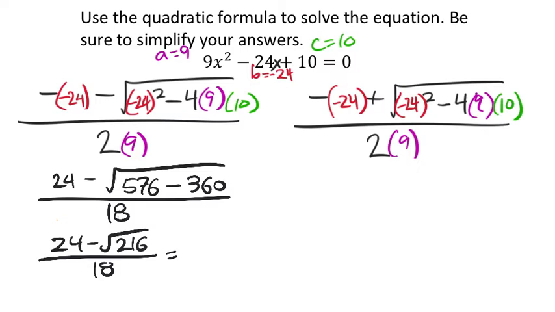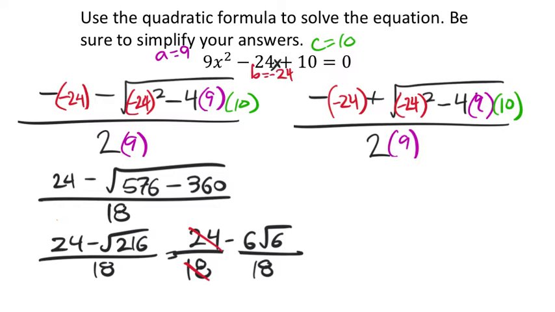And then the 216. So the square root of 216, I'm still using the calculator, by the way, but that's 24 minus 6 times the square root of 6 all over 18. But what we see here is that 24, 6, and 18, because we could separate this into two separate fractions. 24 over 18 minus 6 square root of 6 over 18. 24 and 18 are divisible by 6, so I would make that 4/3.